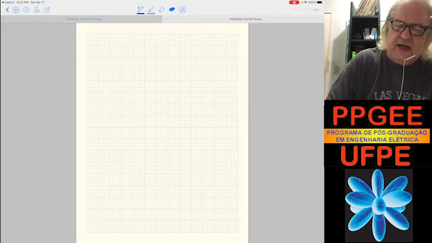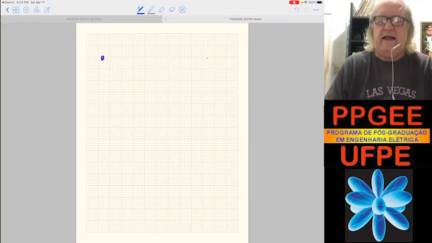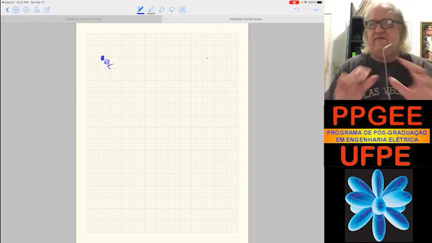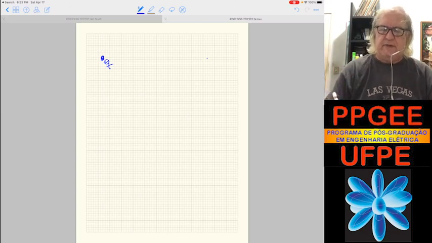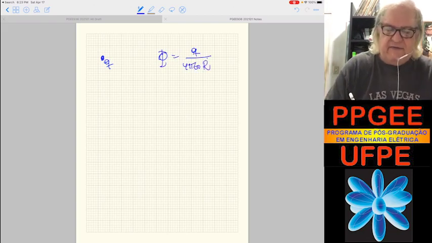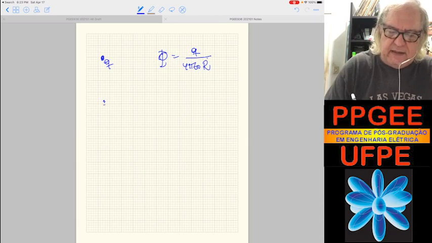We have a point charge, right? Any system of any size, far away from the distribution, becomes a point charge. The potential goes with the distance, right? Inverse of the distance in vacuum. Now I have a point dipole, right?